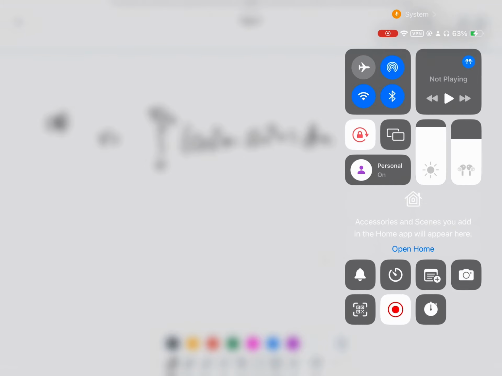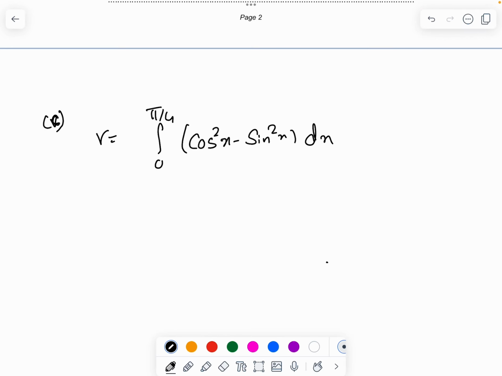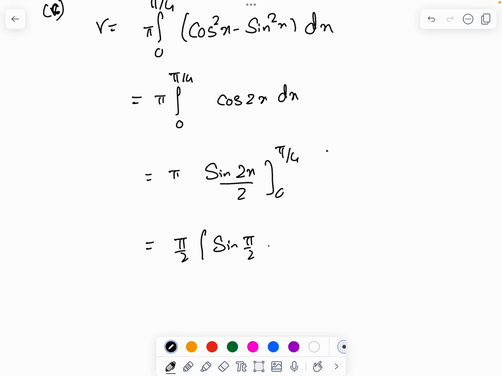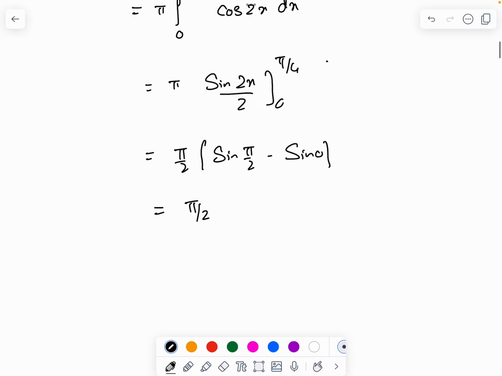So what does it become? The formula for cos square x minus sin square x is nothing but cos 2x, from 0 to pi by 4. Cos 2x dx. What is cos 2x integral? You need to write pi times sin 2x upon 2 from 0 to pi by 4. So pi upon 2 times sin pi by 2 minus sin 0. Sin pi by 2 is 1, so the answer is pi by 2.